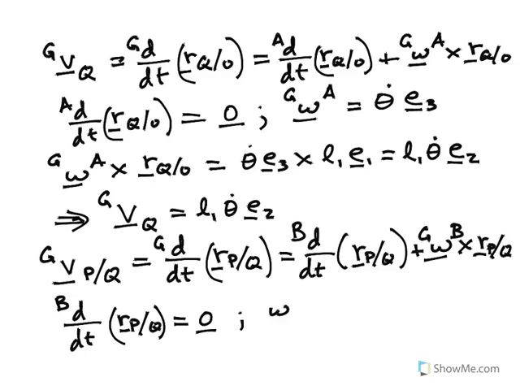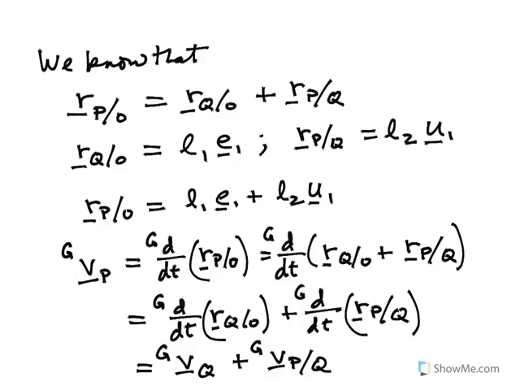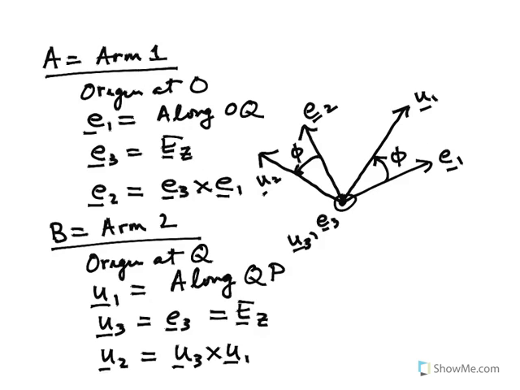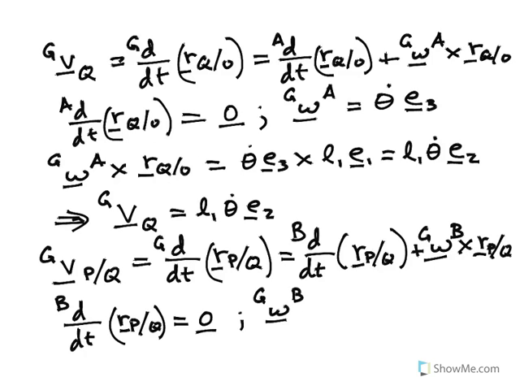The angular velocity of B in G, now let's go back to the diagram here. You notice that the second arm rotates relative to the first arm and the angle defined by that rotation is phi, and then the first arm rotates relative to the ground. So the angular velocity of B in G is going to equal the angular velocity of A in G plus the angular velocity of B in A. We already have the angular velocity of A in G. We computed it.